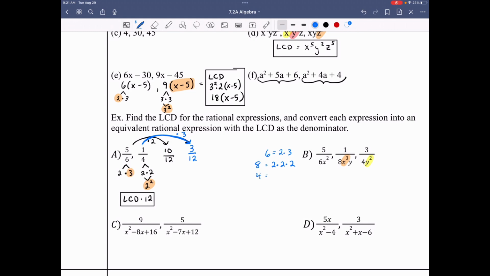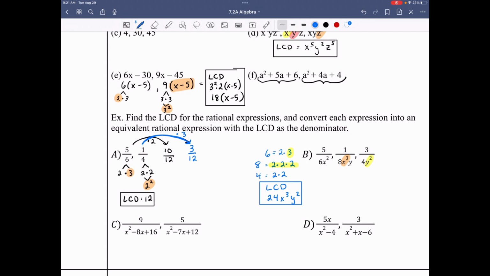And 4 is 2 times 2. So we're going to use the one with the most, which is this 8 has 2 to the third, and we have 3 as well. So 8 times 3 is 24. Our LCD is 24, and then don't forget your variables as such.